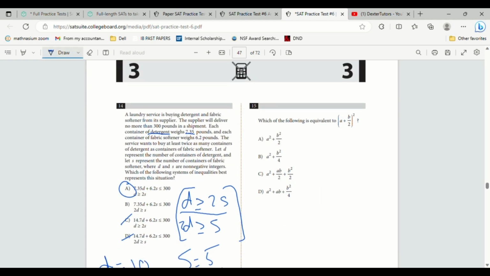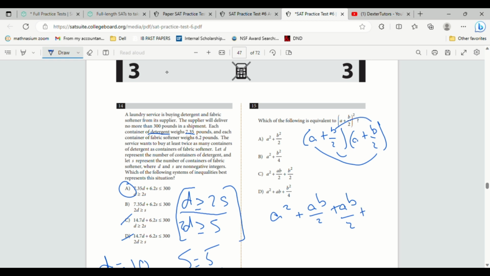Number 15, which of the following is equivalent to A plus B over 2, quantity squared? So we can write this out as two binomials. And then we can FOIL. So the first two terms, we have A squared, outer two terms, plus AB over 2, the inner two terms, plus AB over 2, and then the last two terms, plus B squared over 4.